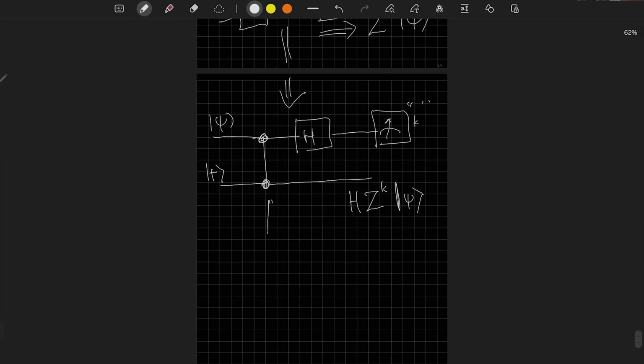Now what I could do is, suppose I now apply HZK. We have to apply this gate, okay.